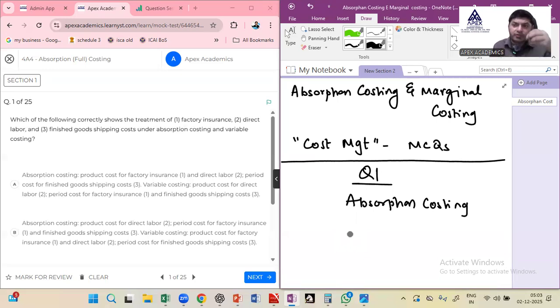What happens because of this is that the inventory of finished goods under absorption costing comprises the fixed manufacturing overheads.